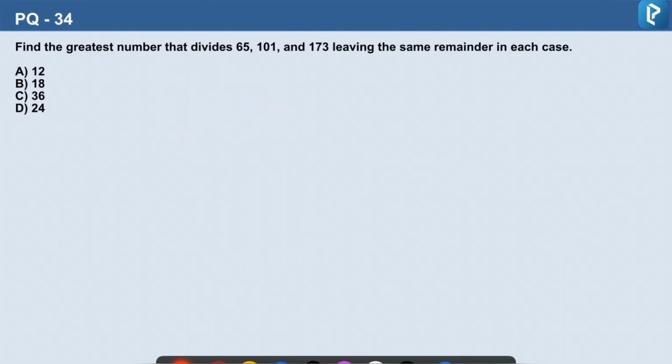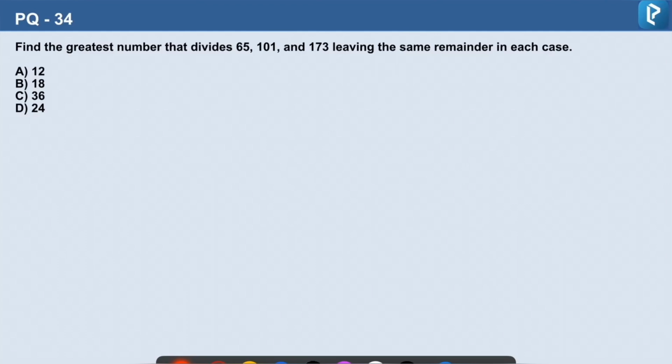Question number 34. Find the greatest number that divides 65, 101 and 173, leaving the same remainder in each case. Here the remainder is not given, but it is mentioned that it is the same.